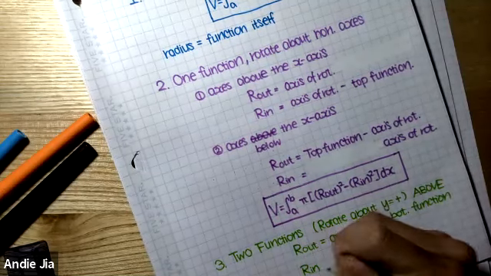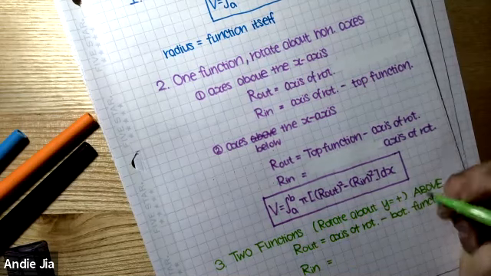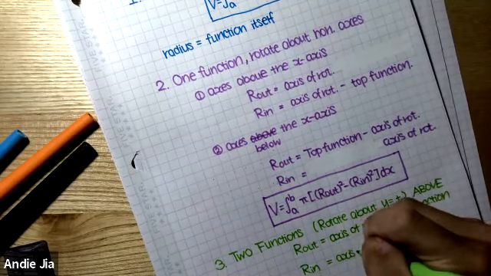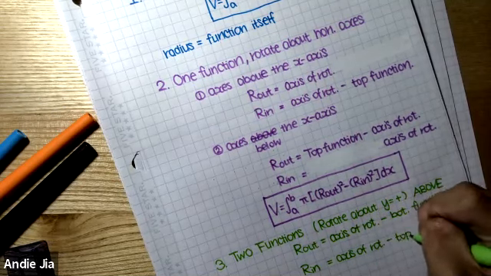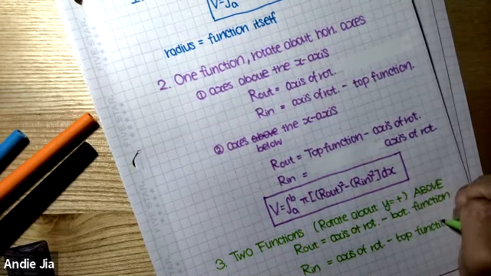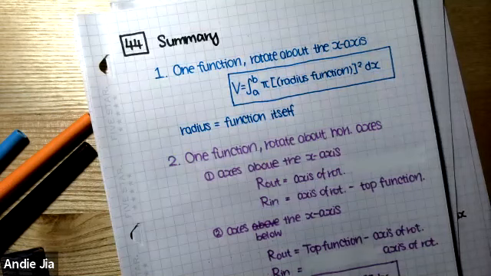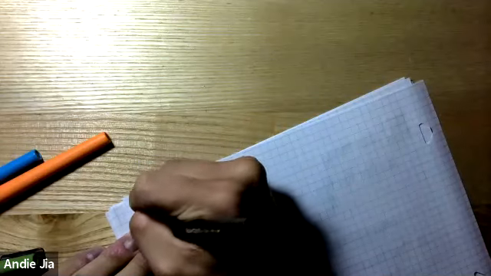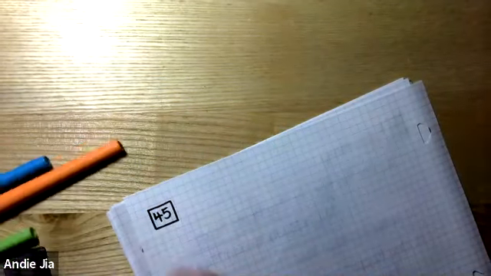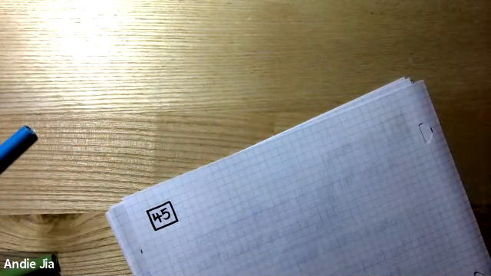The inner radius should be the axis of rotation minus the top function.